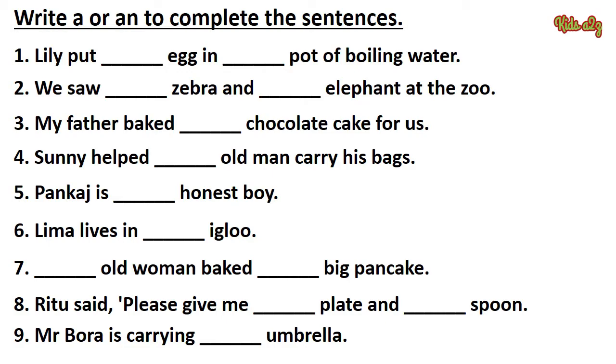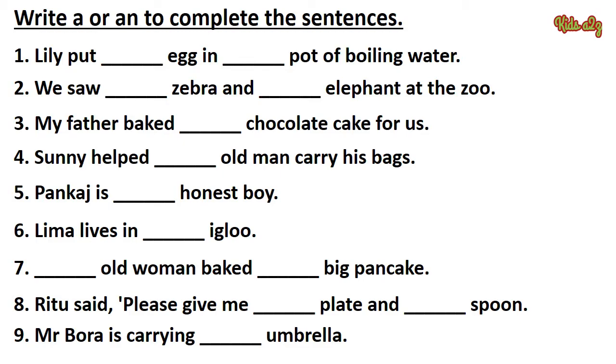Our first worksheet is: write a or an to complete the sentences. First one is, Lily put dash egg in dash pot of boiling water. Answer is, Lily put an egg in a pot of boiling water. For question number 2, answer is, we saw a zebra and an elephant at the zoo.